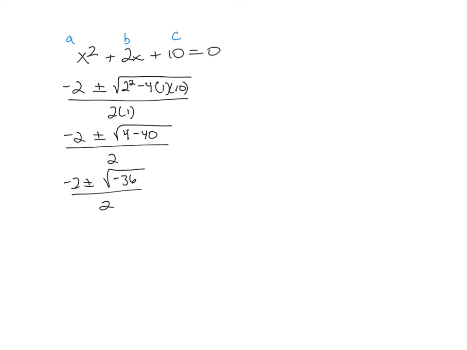So for us, when you get to this point and you have a negative number in the square root, the answer is no real solutions. There is such thing as imaginary numbers, and that's what we'd have to do with the negative 36. But like I said, that's algebra 2. So that's why it's not no solution. It's just there's no real numbers that are solutions. Okay? So negative number under the square root, we put no real solutions.